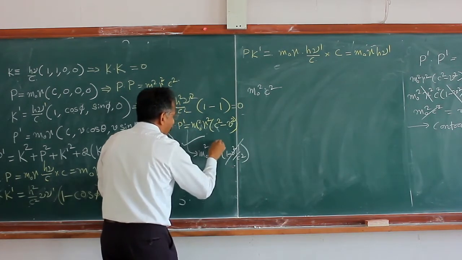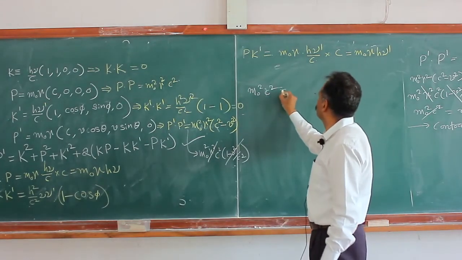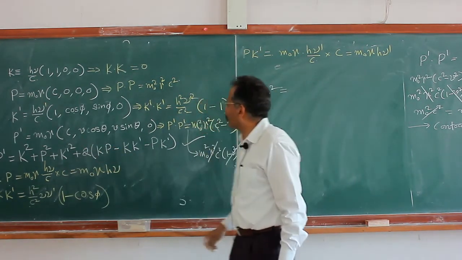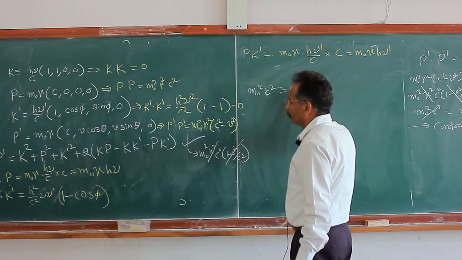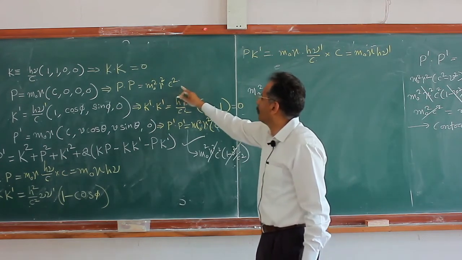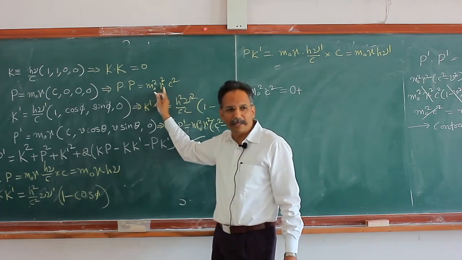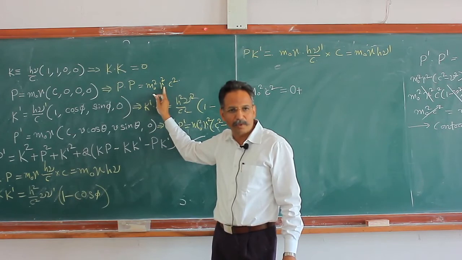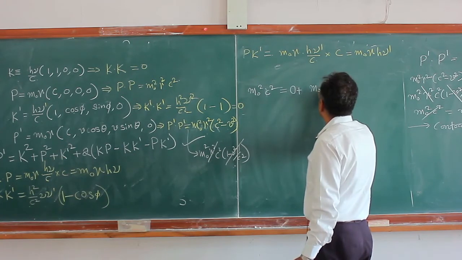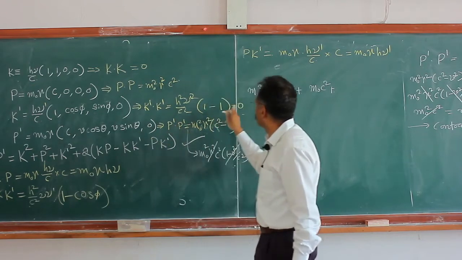So the quantity in the bracket and this gamma square cancel, so m0 square c square is equal to the second quantity k square, which is 0, plus p square. This is m0 square c square, because in the state of rest gamma has to be 1, because velocity is 0.